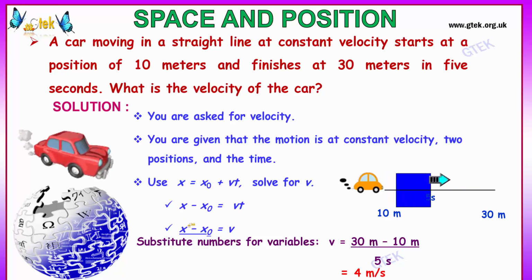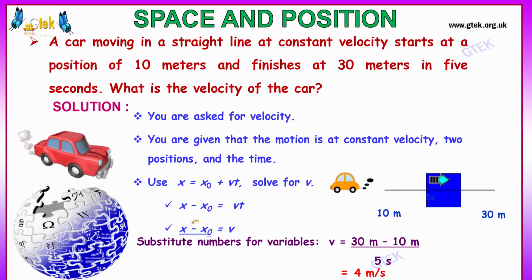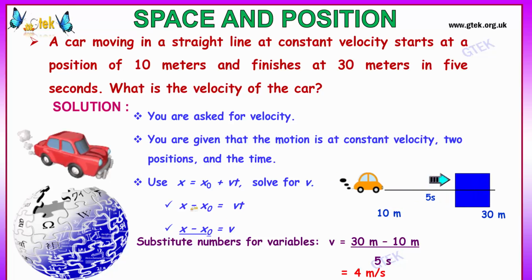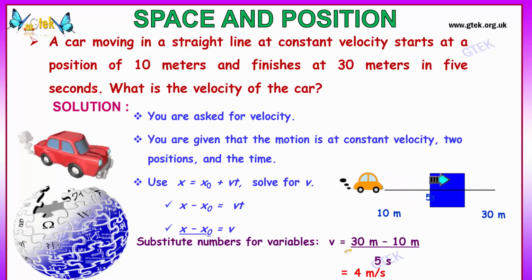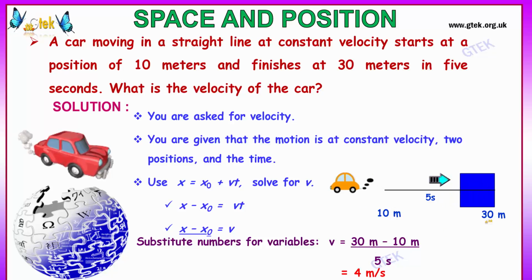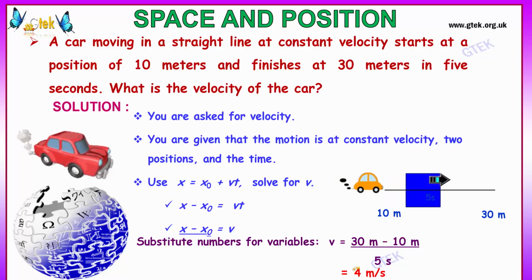So the formulation is x minus x0. So obviously v is equal to x, that's 30 meters, minus 10, divided by the time. You get 4 meters per second.